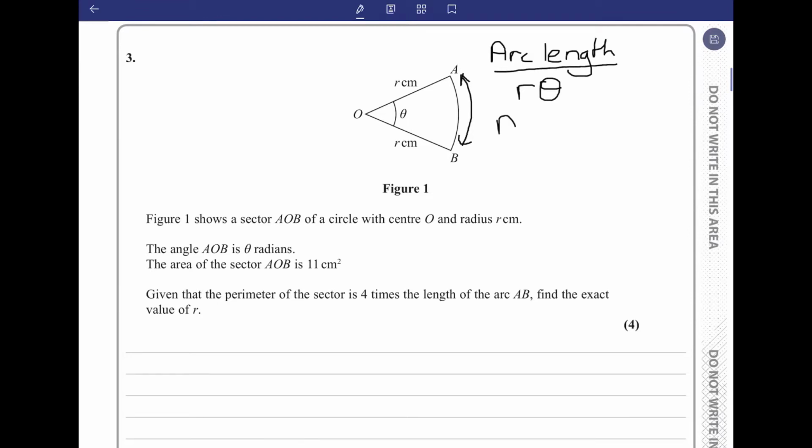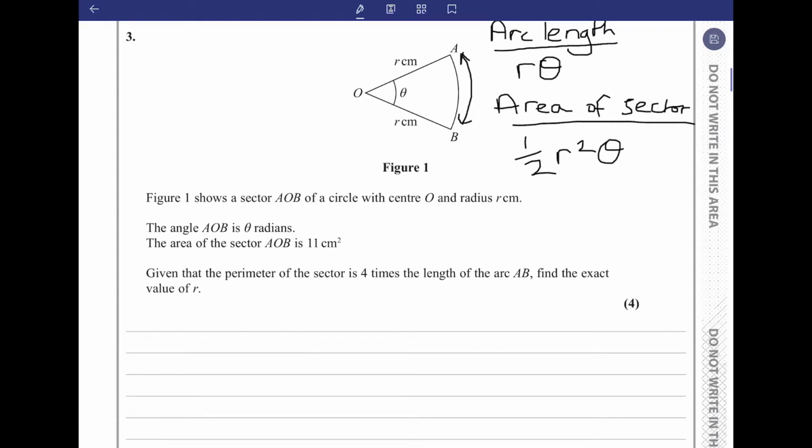And then the area of the sector is a half r squared theta. So they're the two main formulas you need to remember about sectors and arc length. With those two, you should be able to answer most questions. So here we go. Let's have a look at the question.